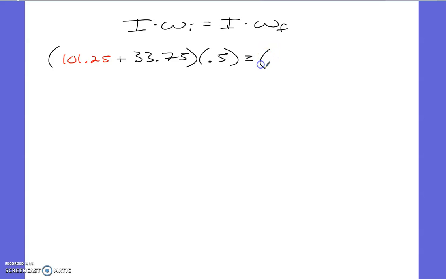On the other side of the equation, we have the boy, which was 45, and the merry-go-round, which was 33.75. We're trying to find that final angular velocity.